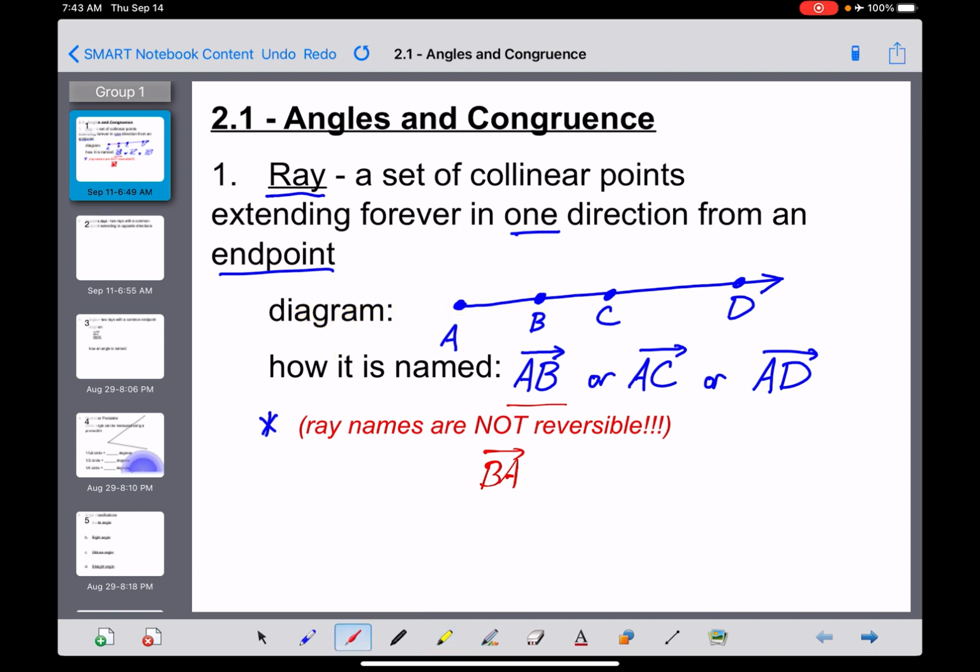So let's be aware of that. So you can't name it BA. Another common thing that people do wrong, you can't take the same blue ray that we had above and call it, for example, ray BC. Because again, BC means something different.